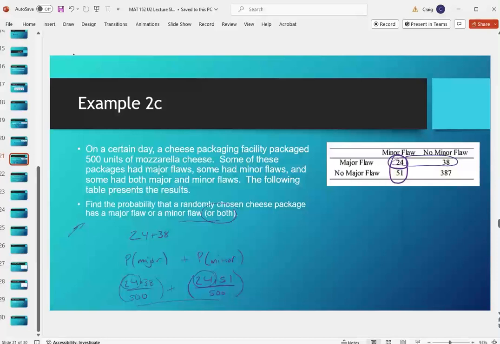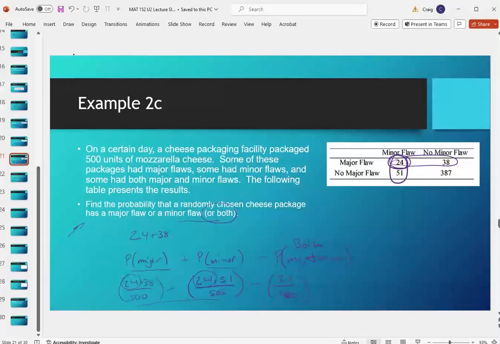Because what happens here is we have to then subtract away the ones that have both, the probability of major and minor, right? The probability that they have both. We would want to subtract away essentially 24 over 500.